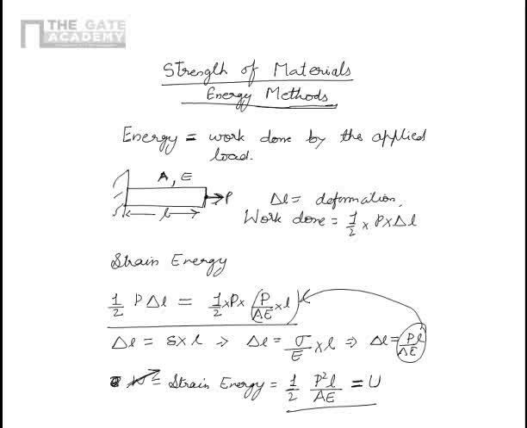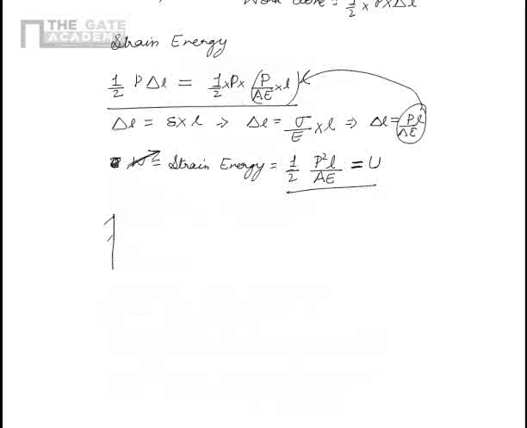Now let's solve one simple example to elaborate more. Let's say I take the example where instead of a straight bar, I have this conical bar.